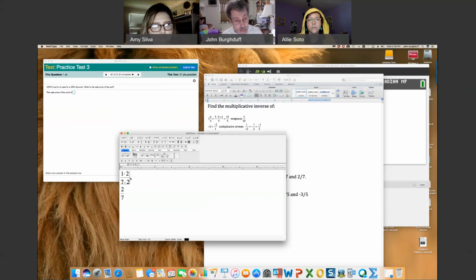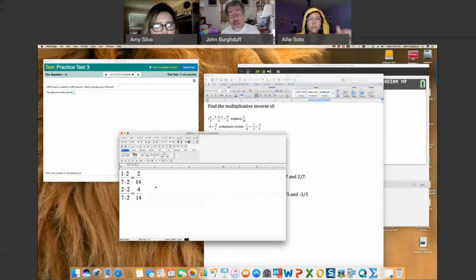That would make this fraction 2 over 14. If I do the same thing here and multiply the top and bottom by 2, this gives me 4 over 14. Those are actually the same two fractions that I started with.